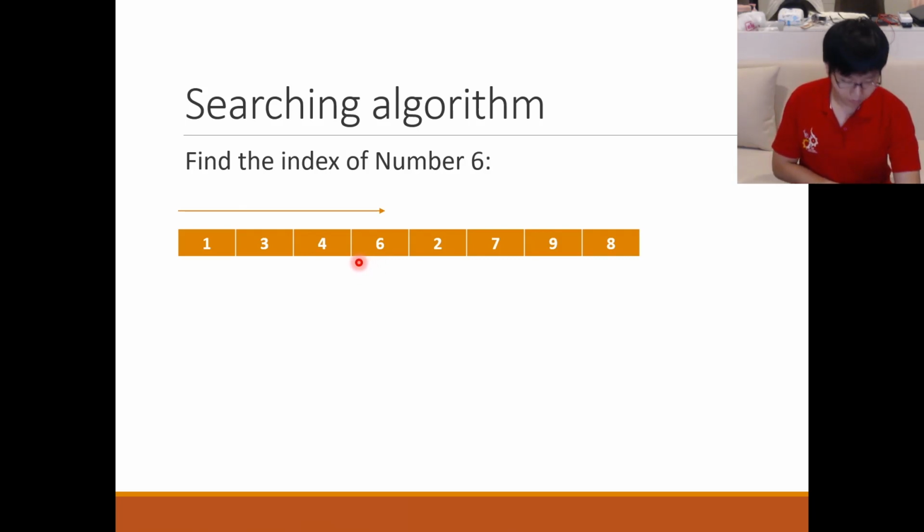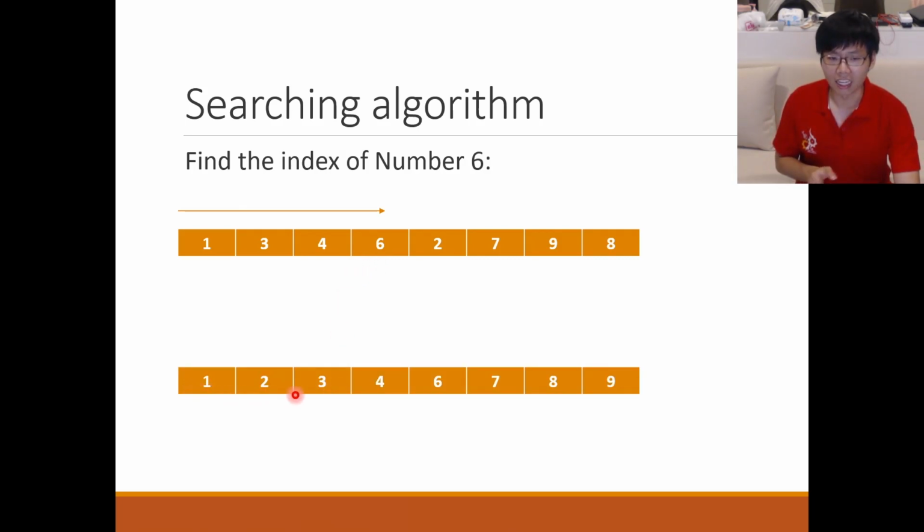But if the data structure is sorted, like you have numbers aligned from 1 to 9 or 9 to 1, is it going to be efficient to search for number 6 one by one from left to right?